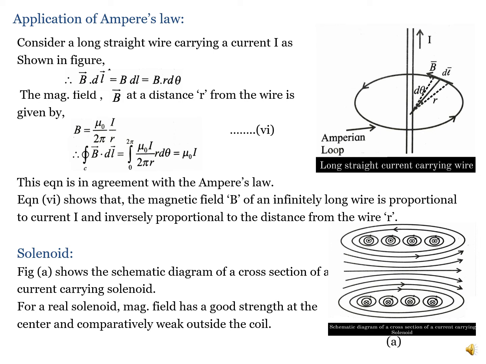Now we'll discuss the application of Ampere's law, that is the magnetic field along the axis of a long straight solenoid and magnetic field along the central axis of a tube of toroid. Let us see first what is solenoid.